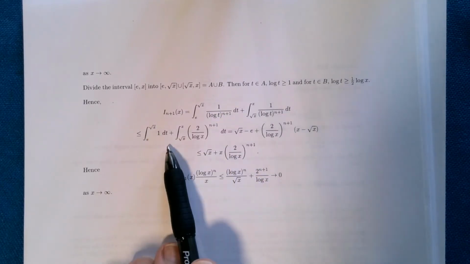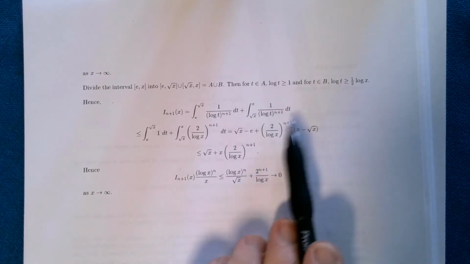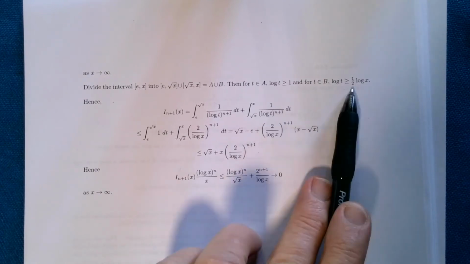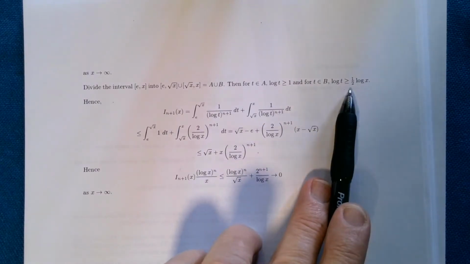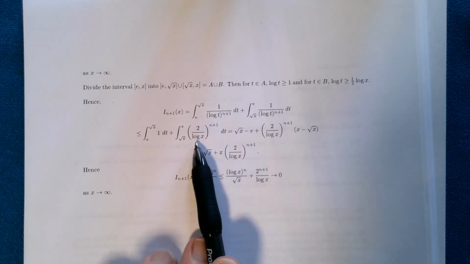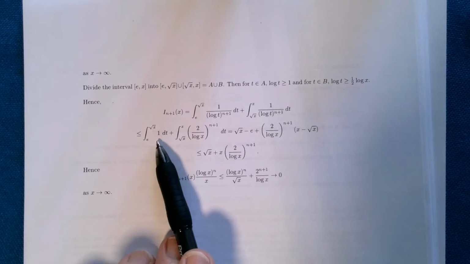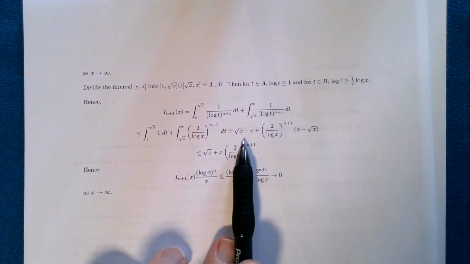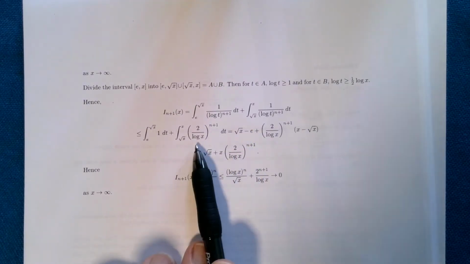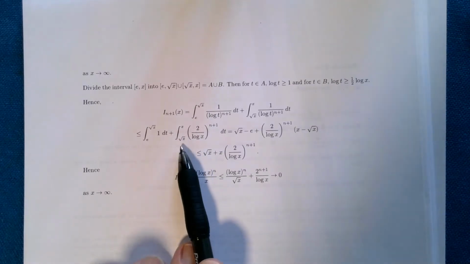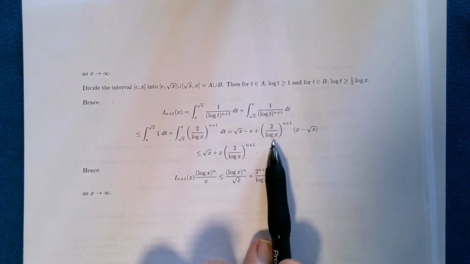Similarly for this bit, I can replace the log t with this in the denominator, so this is less than 2 on log x to the n plus 1. This I can integrate, it's trivial. This one is independent of t, so I can just take the endpoints and multiply that by this expression.